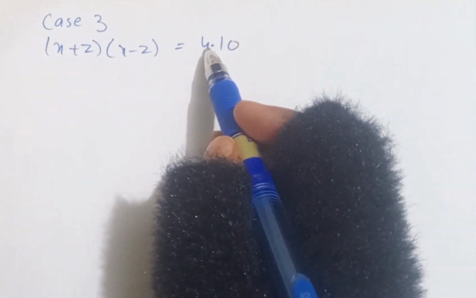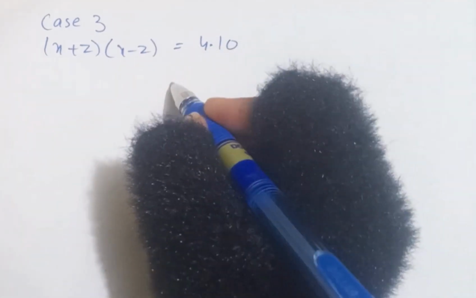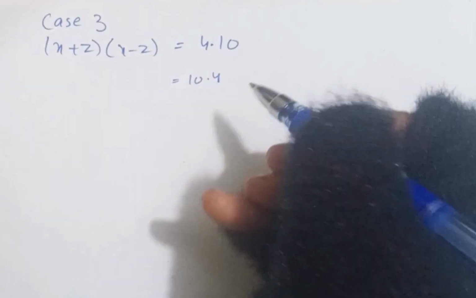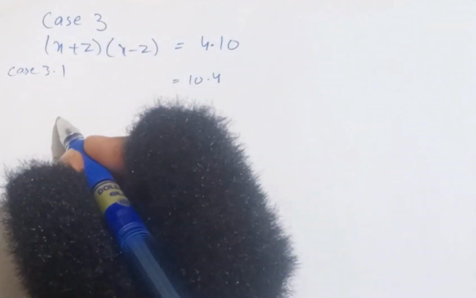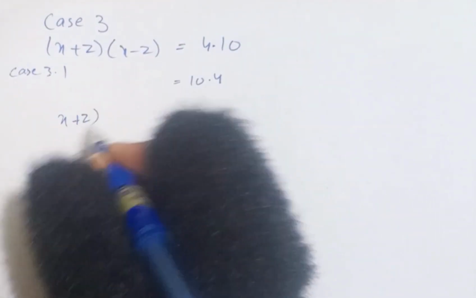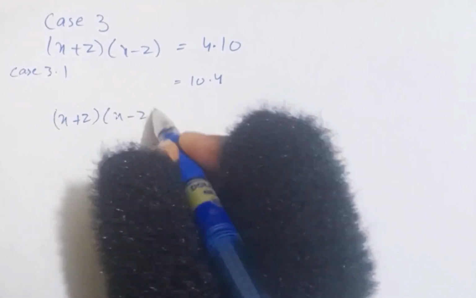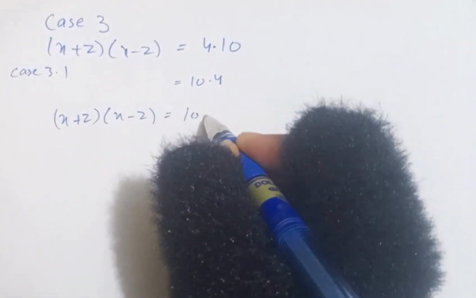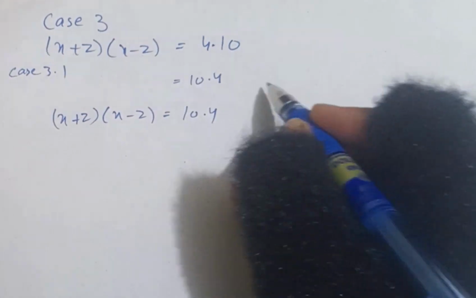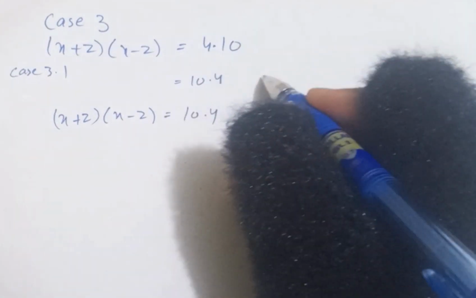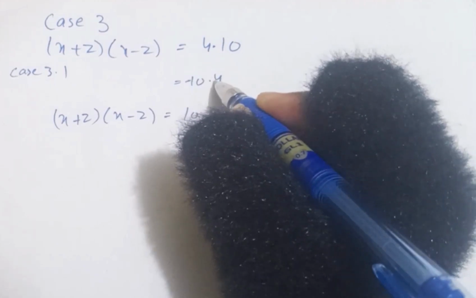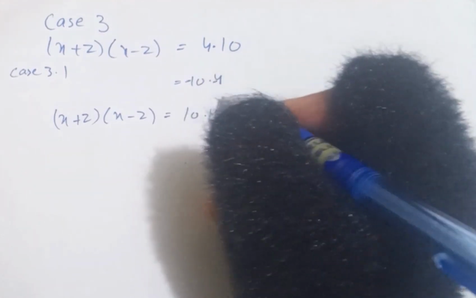Now focus on case number 3. We can write 4 multiply 10 as 10 multiply 4, which is also equal to 40. So we take case 3.1: x plus z multiply x minus z is equal to 10 multiply 4. Now notice that we can write this as minus 10 multiply minus 4, which is also equal to 40.